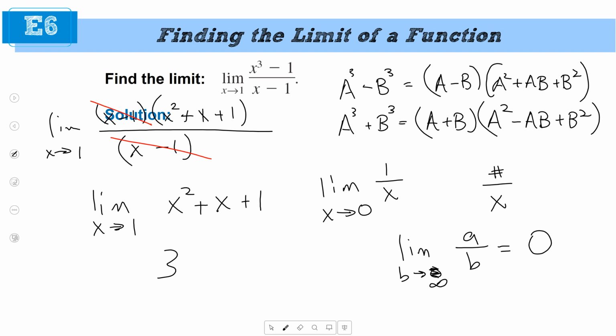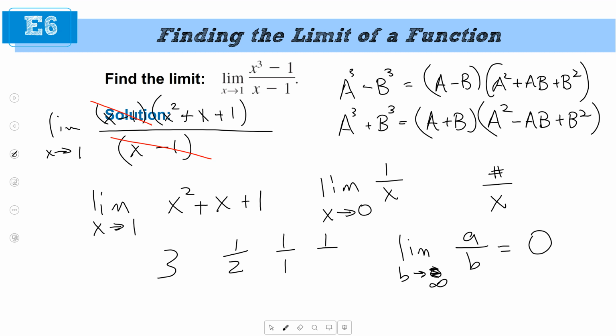That idea of plugging infinity into the bottom of a fraction, or looking at what happens at the bottom of a fraction when it gets very close to 0, is going to become more common. As the denominator gets closer to 0, we can't have 0 in the denominator, but as it gets closer, what happens to the fraction?